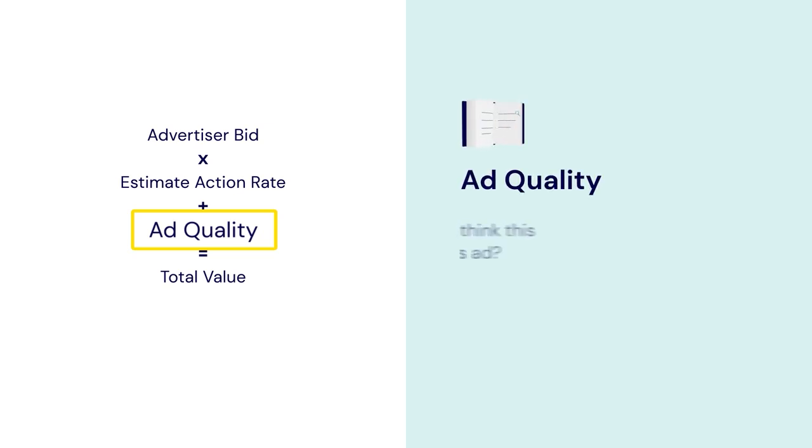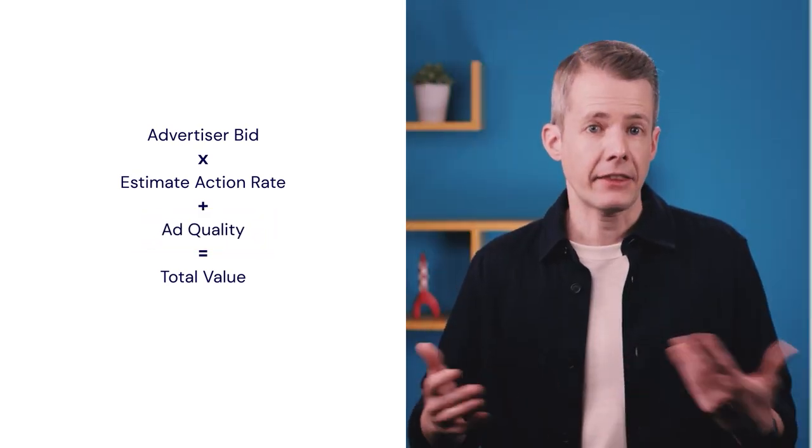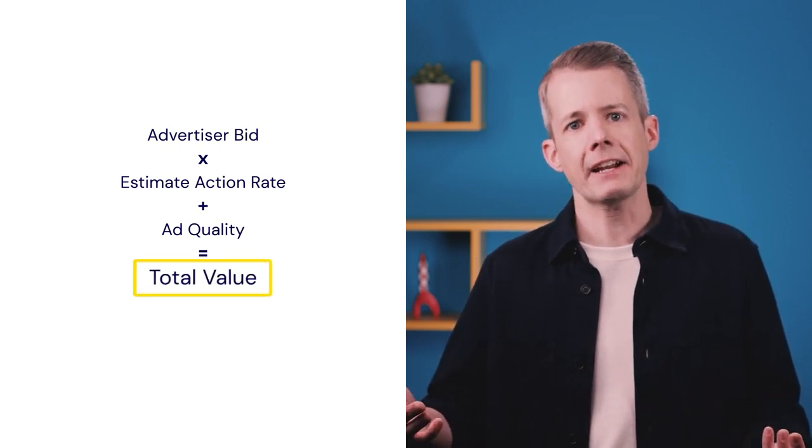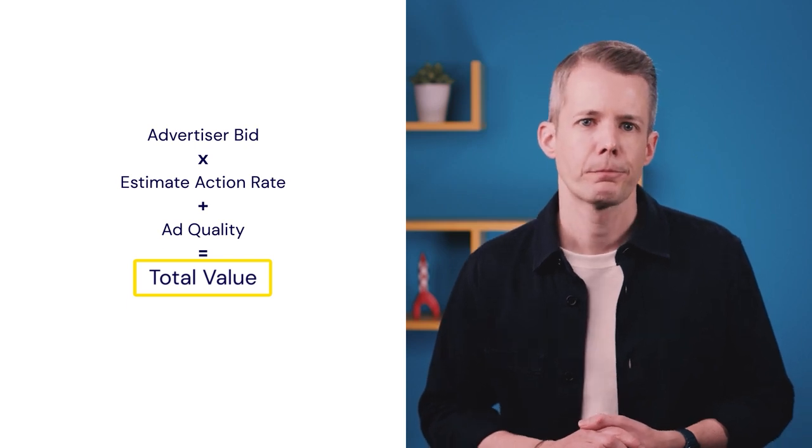Ad quality is determined by many sources, including feedback from people that view or hide your ad, as well as findings of low quality attributes such as sensationalized language, engagement bait, and more. Together, the advertiser bid, the estimated action rate, and the ad quality make up an ad's total value.